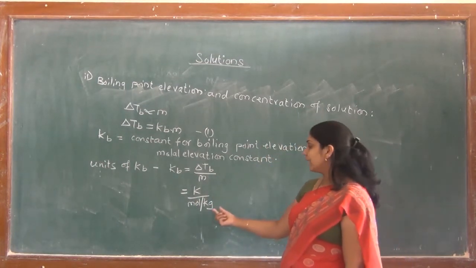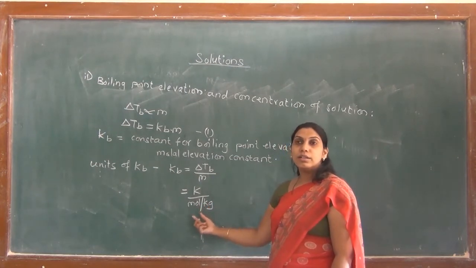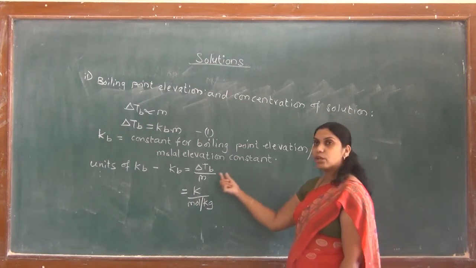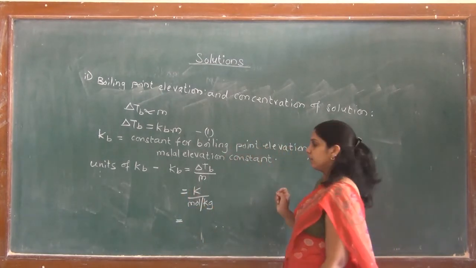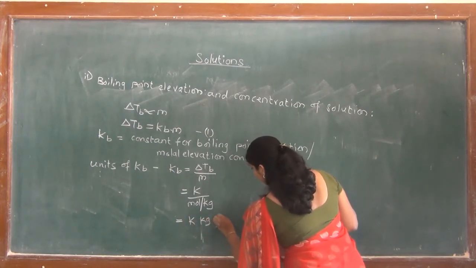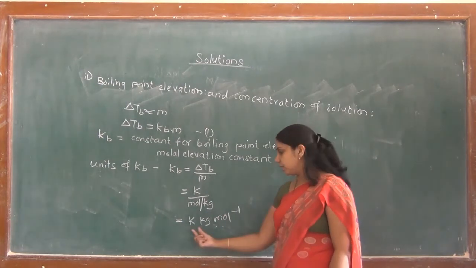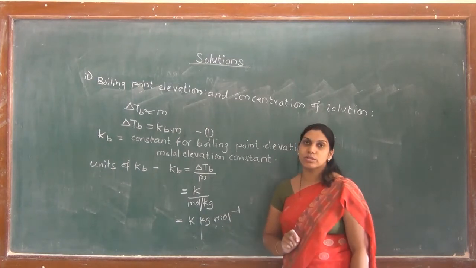Here the kg is in the denominator of the denominator, so it will go in the numerator, and the value obtained is Kelvin kilogram mole inverse. So the unit of Kb is Kelvin kilogram mole inverse.